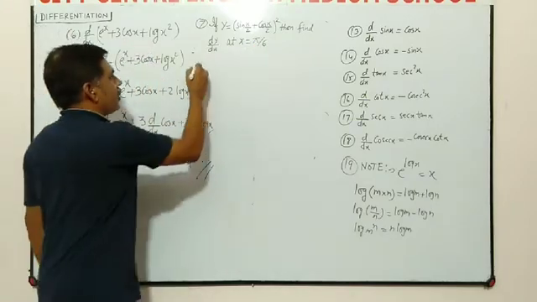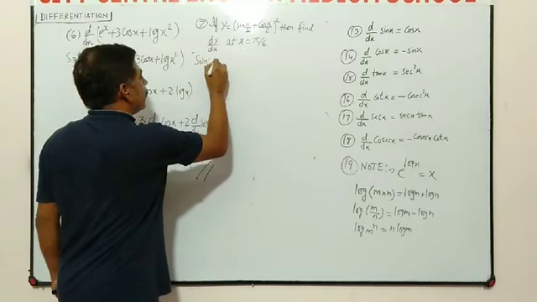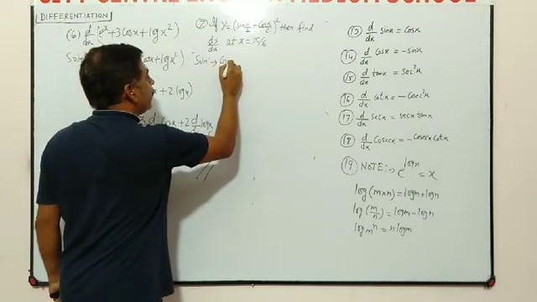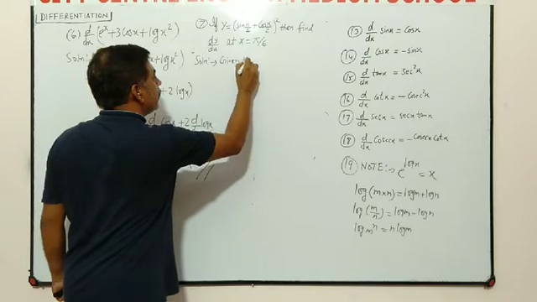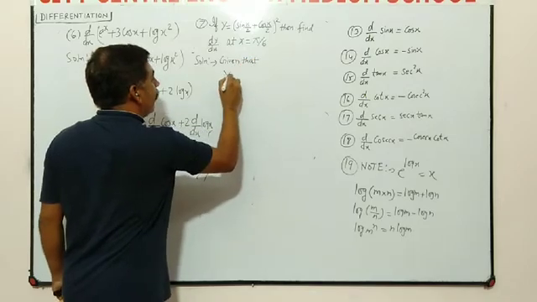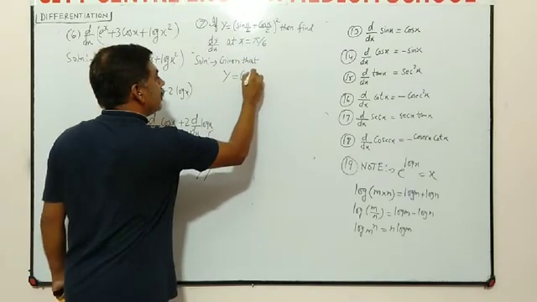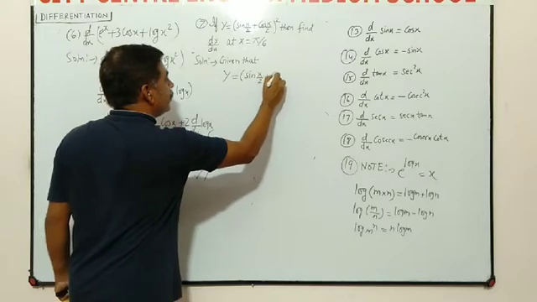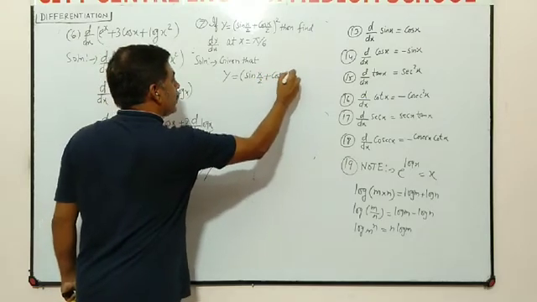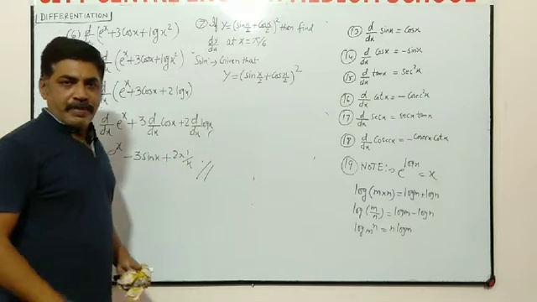Okay, so this is the question. So what we have given is that y is equal to sin x by 2 plus cos x by 2 whole square.